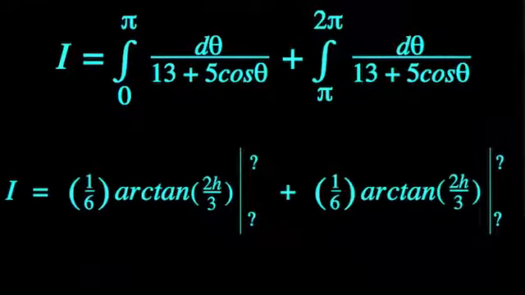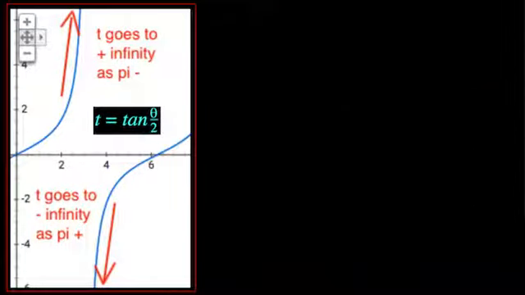It's time to look at a graph. Here we have the graph of t equal to tangent of half theta versus theta. Oh, and hold the phone, I had to properly label that graph.